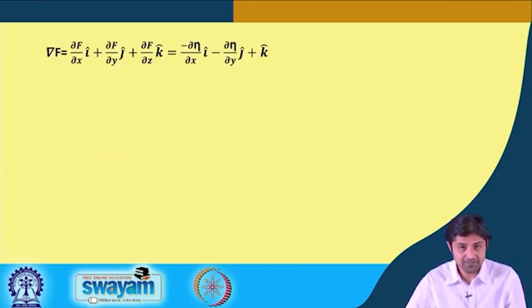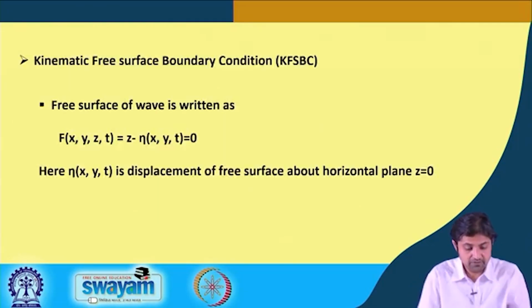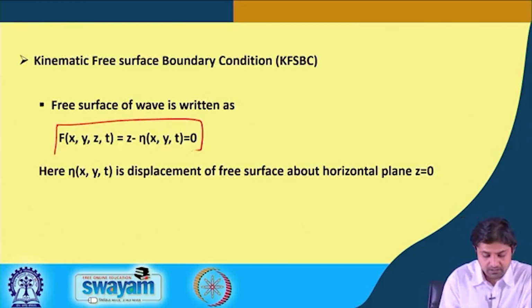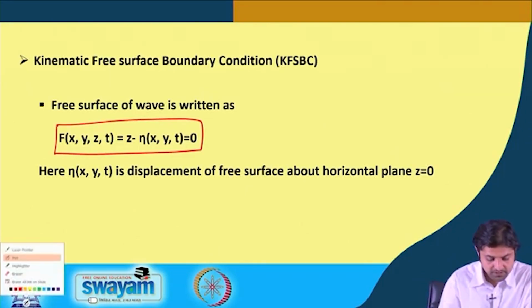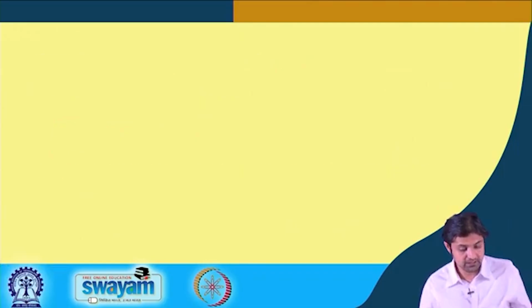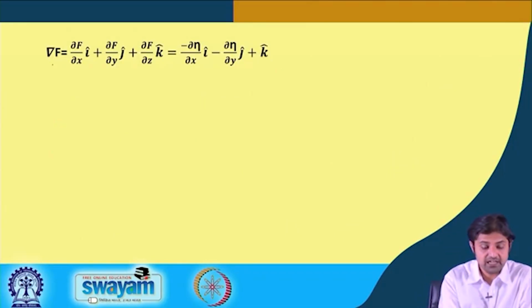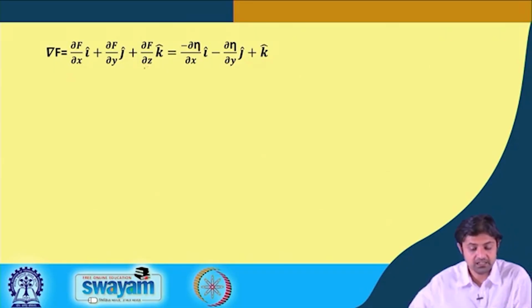So we are going to apply the same conditions, the kinematic boundary conditions. We start by calculating del f, because we already have an equation f here. The first step is always calculating del f. So del f is going to be del f del x i cap plus del f del y j cap plus del f del z k cap.